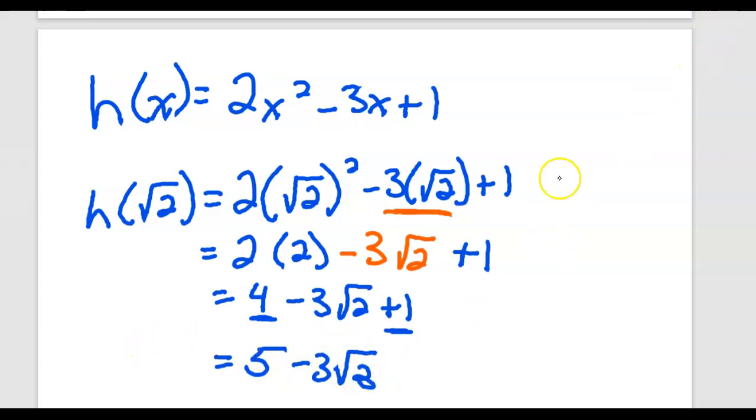And so h of square root of 2 is this ugly looking mess, but that's as far as I can break it down. Now, I could put it in my calculator and get a decimal, yes, but most of the time we want these exact values, and we've talked about those before.